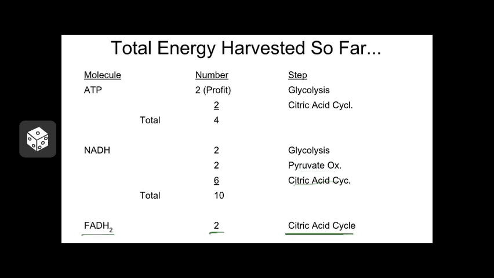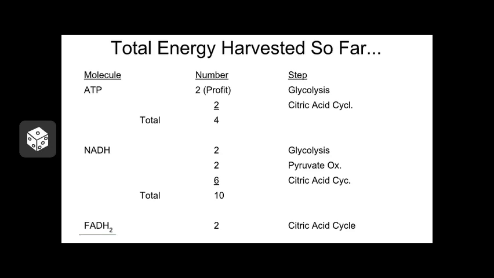Now, NADH contains enough energy to make approximately 2.5 ATPs. So we can make quite a bit of ATP out of the energy in these NADHs. There's also enough energy inside an FADH2 molecule to make 1.5 ATP molecules. So we can use that energy to make some more ATP.